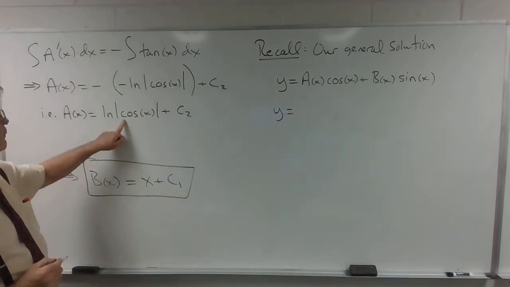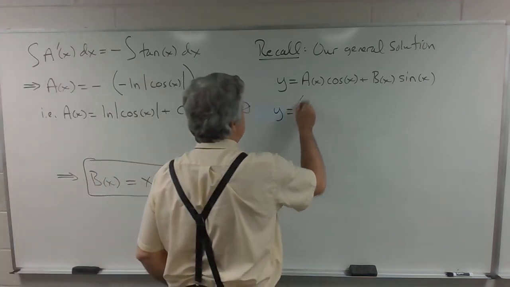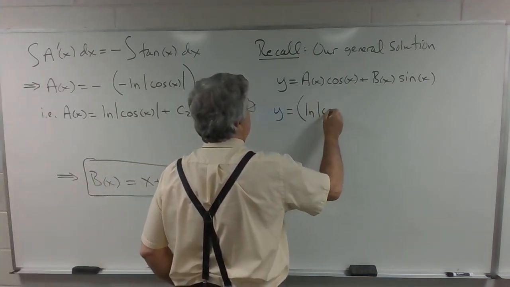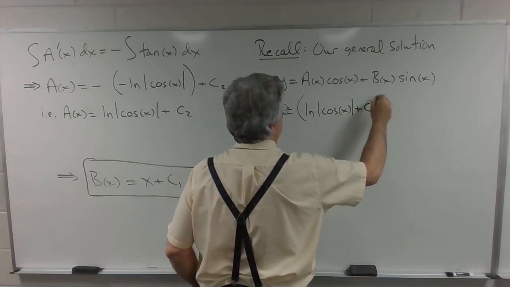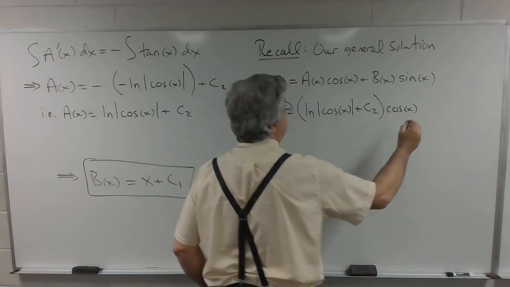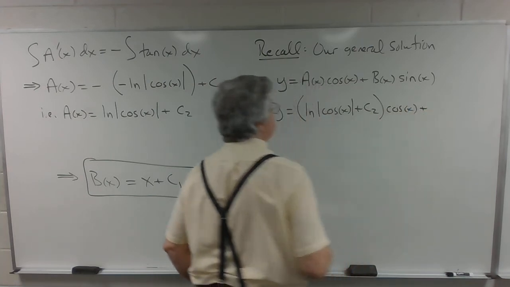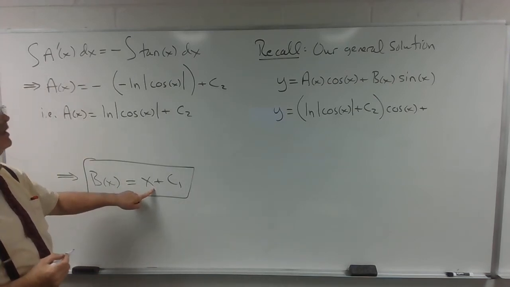Okay, a of x is natural log of cosine of x plus c, and b of x is x plus c1.